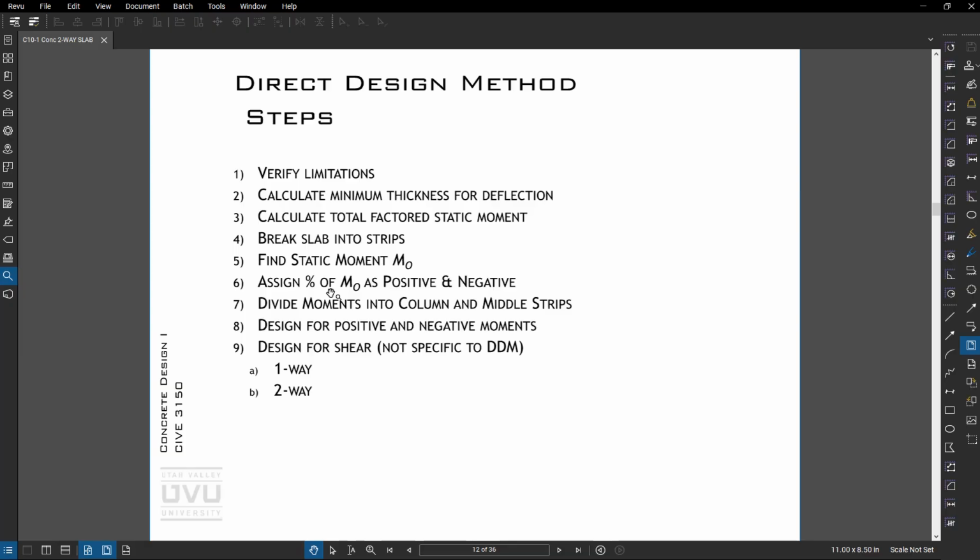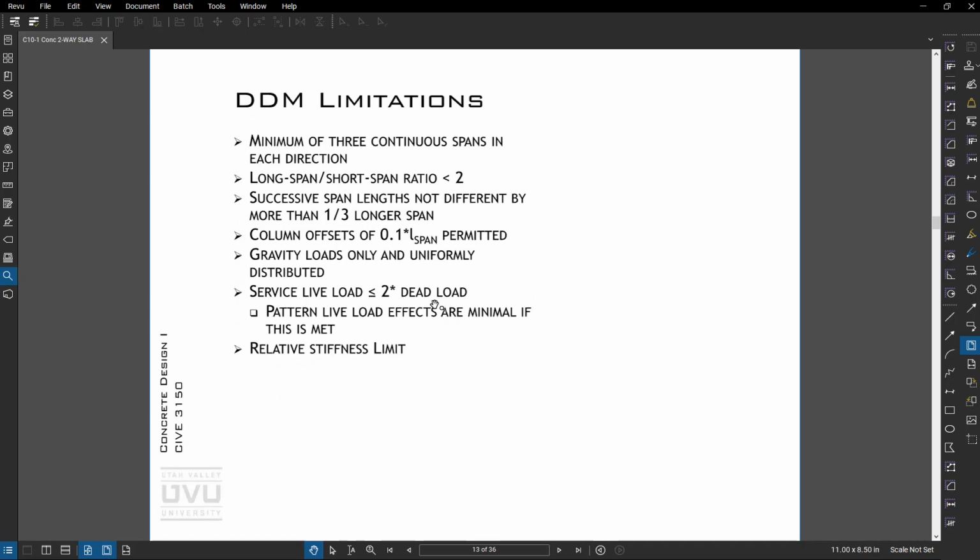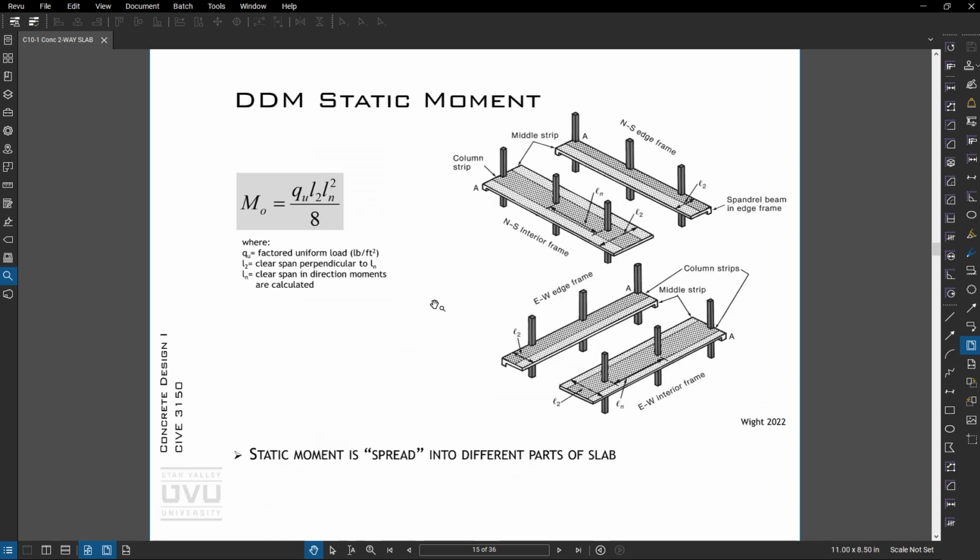All right, direct design method, a variety of steps. I've included notes on this mainly as a way to check your finite element analysis calculations.